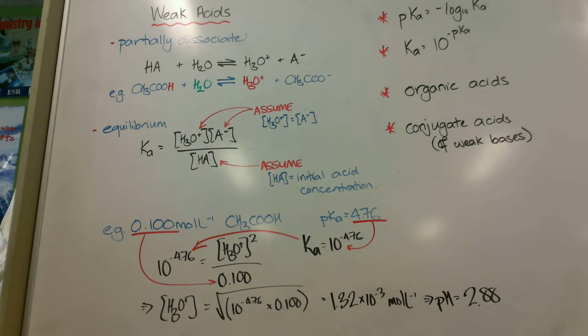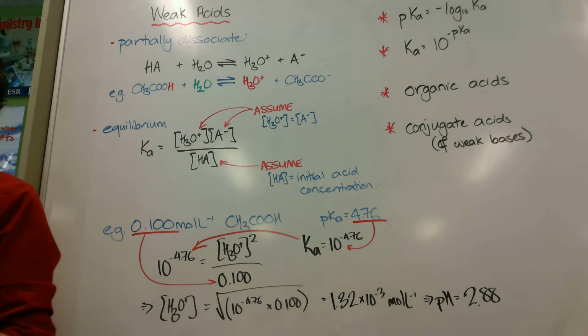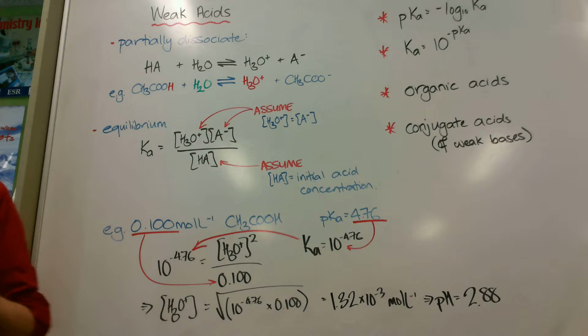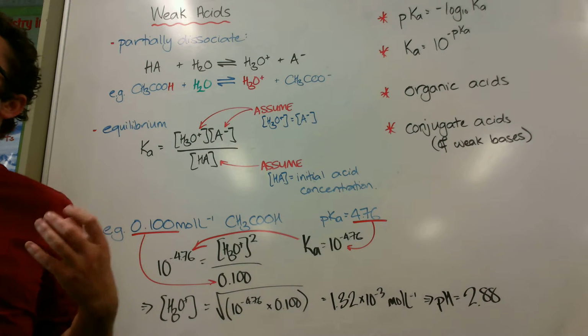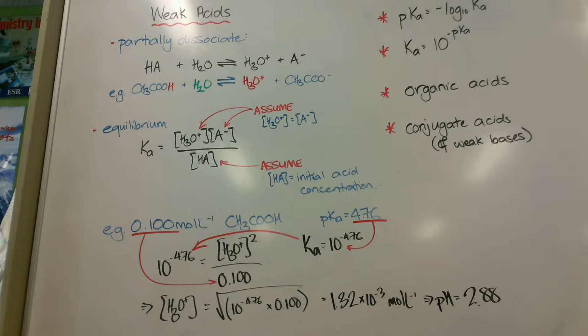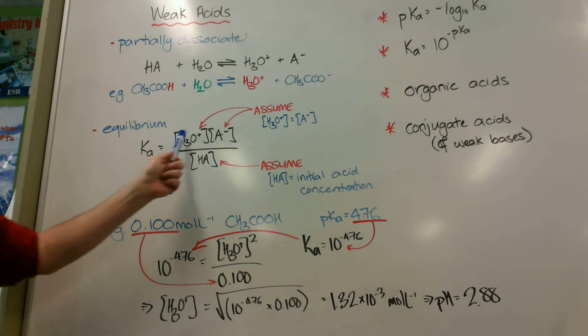However, when you get Ka values that are getting up around that 6, 7, 8, it does start to affect it, so you have to be aware of that assumption. But it doesn't change it by much, and not enough to change the pH, which we'll get to later. So how do I use all of this information to find, sorry, I've missed an assumption. So we've got that assumption.